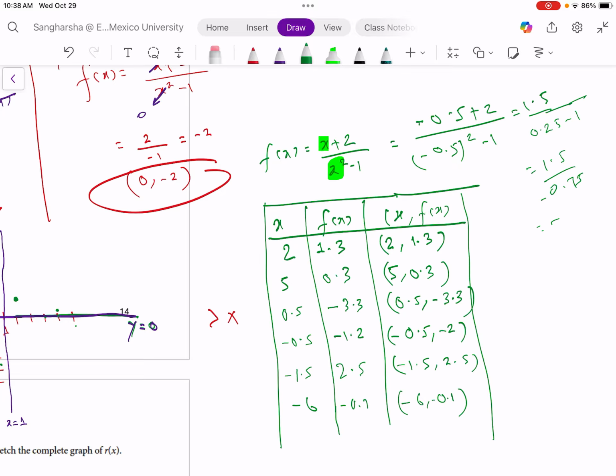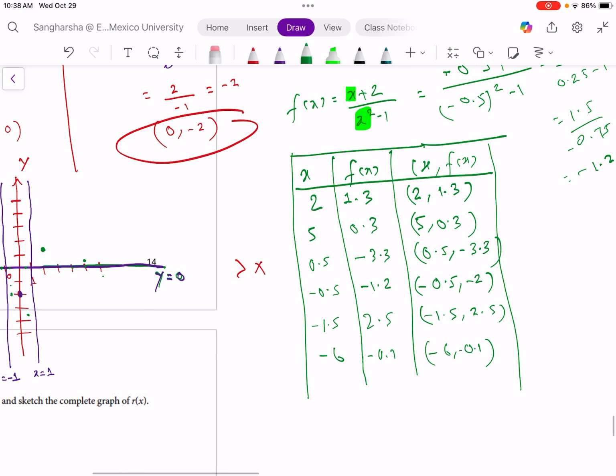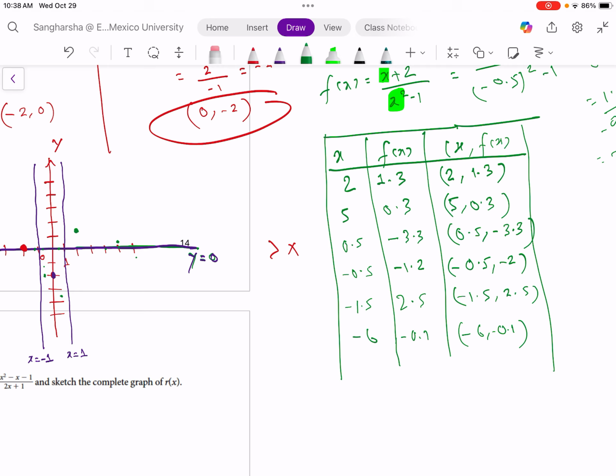So we get negative, and 1.5 divided by 0.75 is 1. So 1.5 divided by negative 0.75 is 1.2. Okay, that's 0.75 times 2. Okay, it should be good. Now, next one, it was minus 0.15, for this one down here.